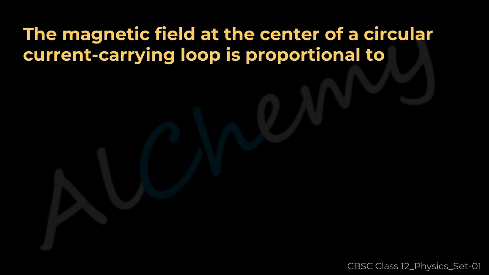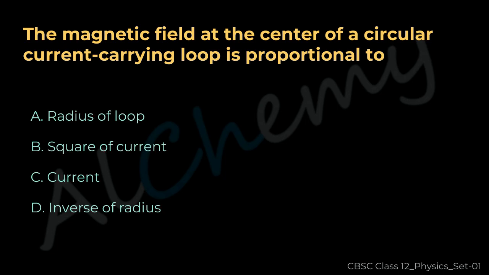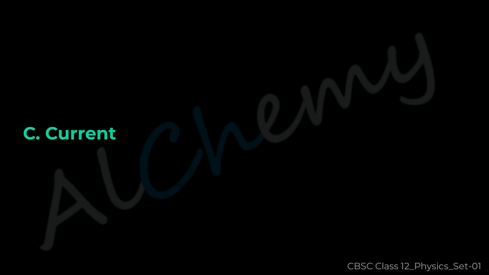The magnetic field at the center of a circular current-carrying loop is proportional to A. Radius of loop, B. Square of current, C. Current, D. Inverse of radius. The correct answer is C.